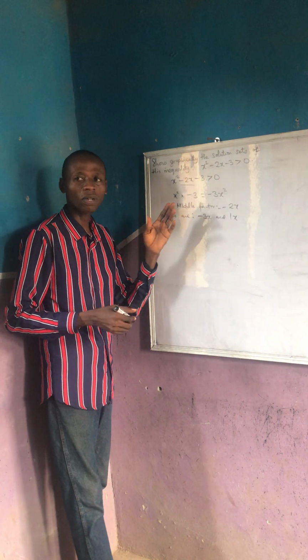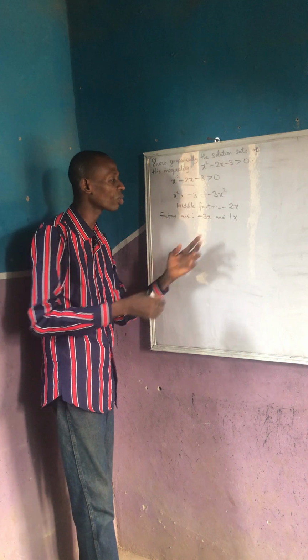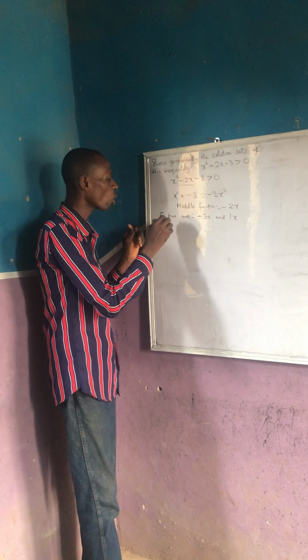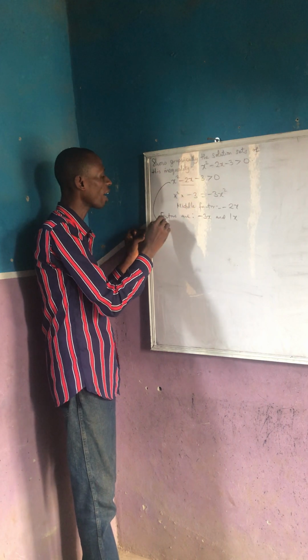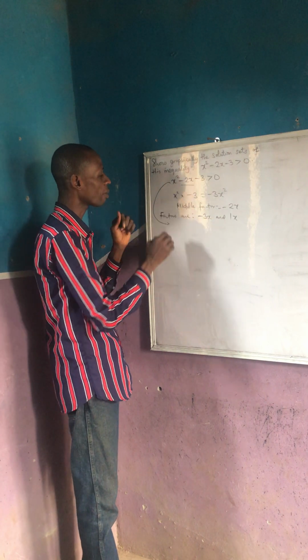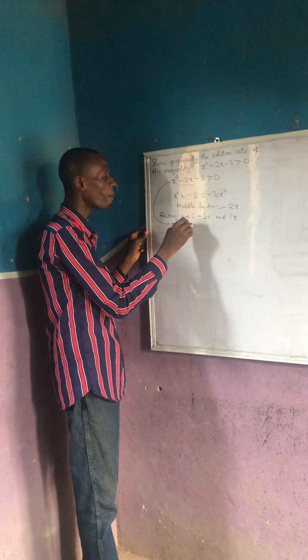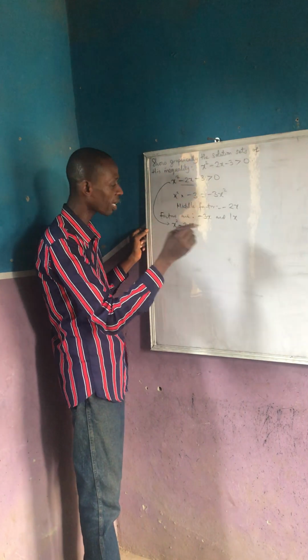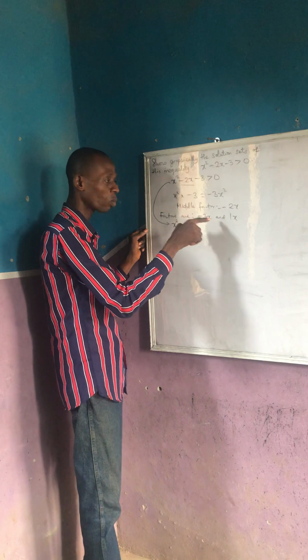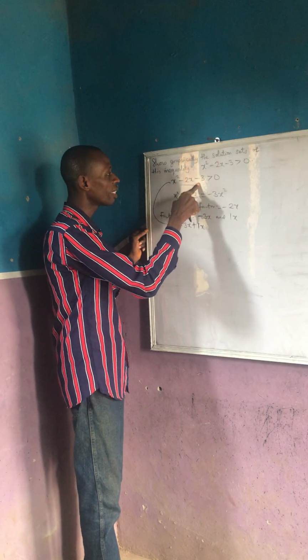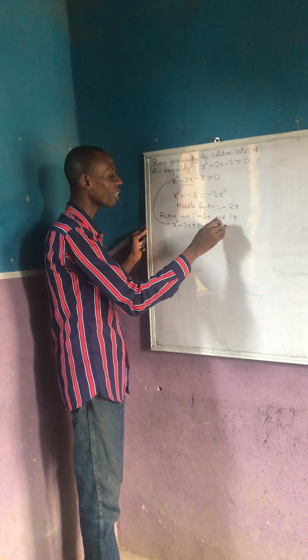So we are going to replace the middle term with these two factors. So x squared minus 2x minus 3 becomes x squared minus 3x plus 1x minus 3 greater than 0.